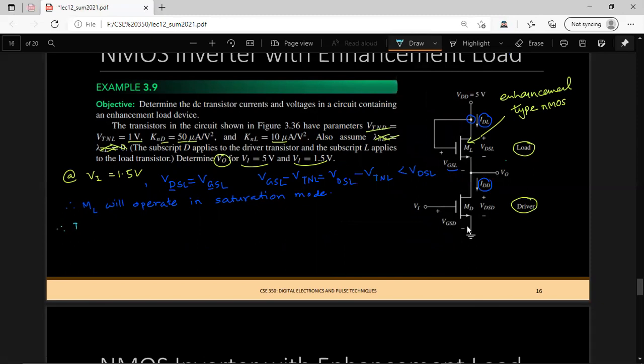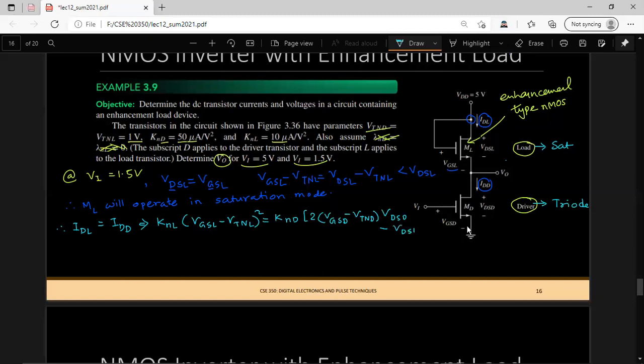So we have IDL equals IDD, and if we use the formulas for IDL and IDD, where the load is operating in saturation and the driver is operating in triode, we have the formula like this: KNL times (VGSL minus VTNL) square equals KND, because this is now the driver, times 2 times (VGSD minus VTND) times VDSD minus VDSD square.